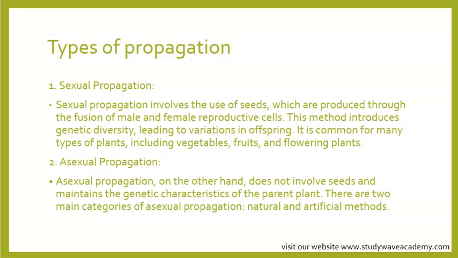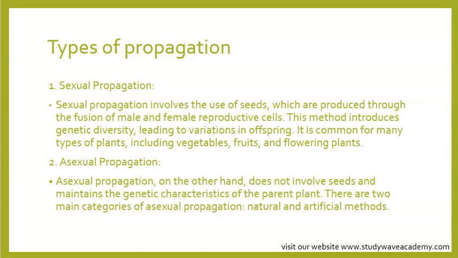Different methods of seed dispersal, such as wind, animals, or water, help seeds spread and find a suitable place to grow. When a seed lands in a favorable environment with adequate moisture, light, and warmth, it can germinate. This means it grows into a new plant.